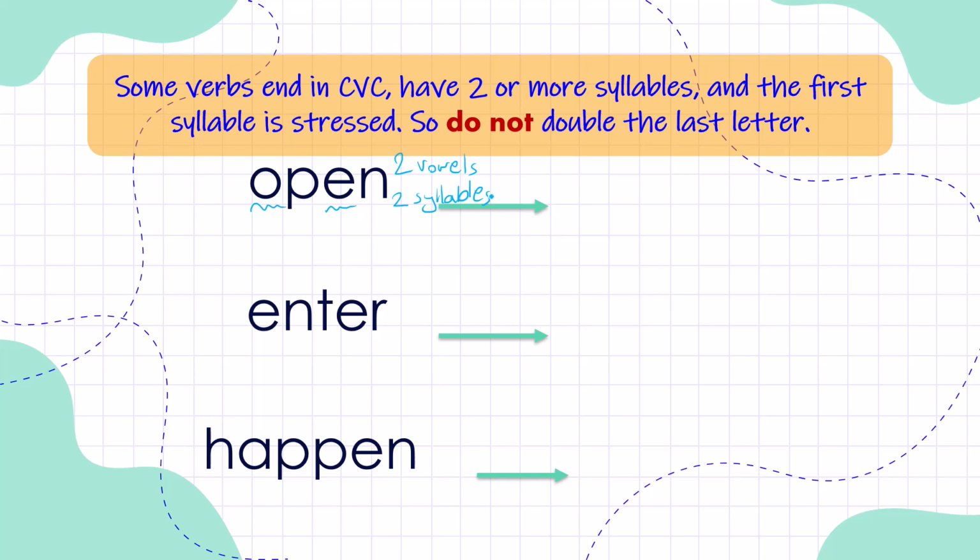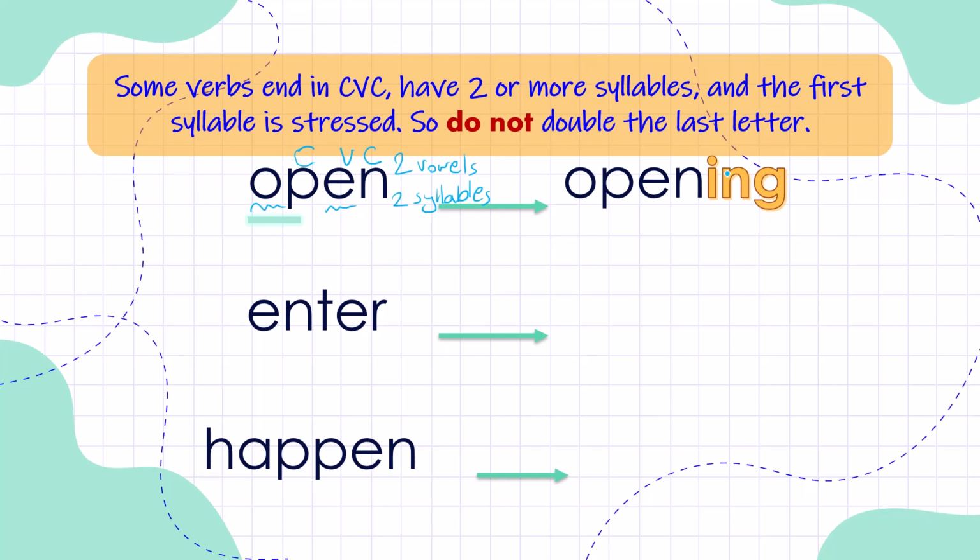Here there are 2 vowels and 2 syllables. And if you take a deep look here, you understand that here we have again the order of CVC at the end. Okay, so we have CVC, but when we add ing, you can see that nothing has happened here. N is a single N without doubling anything. This is because the first syllable is stressed.